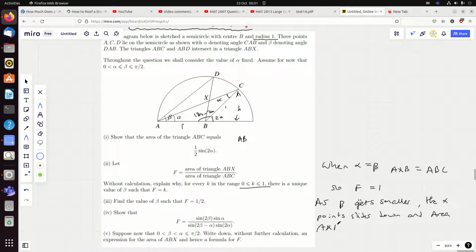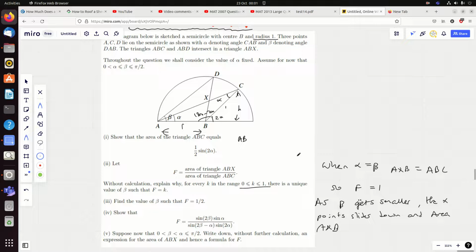I can tell you that just by thinking about this as half base times height again. X is definitely going down in terms of how high it is above A and B, directly down. So for each unique beta value, you're going to have an X value at a certain height, because the way you work out the area of this triangle is a half times the vertical height that X is above the line AB.